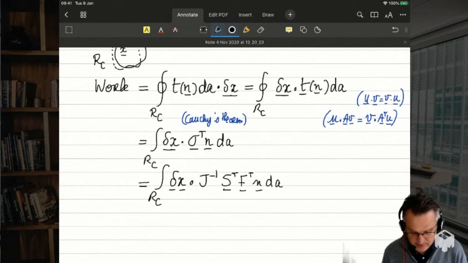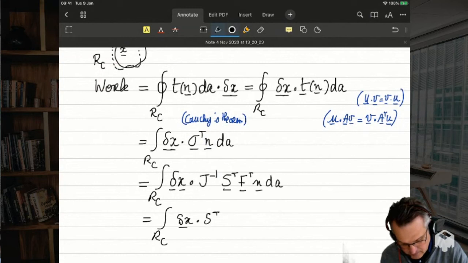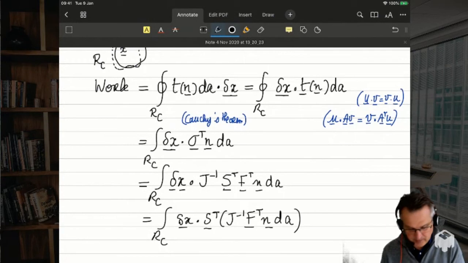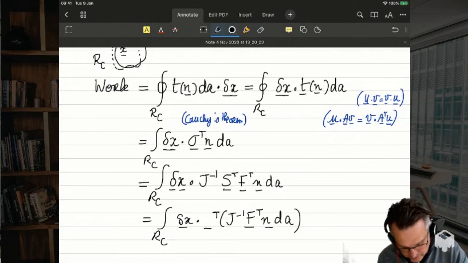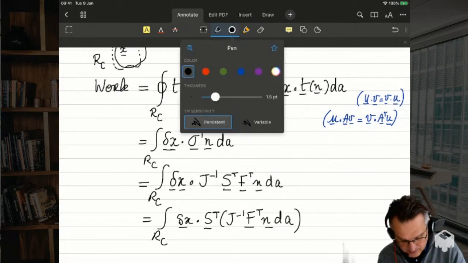And now I realize that I have made Nanson's formula appear just now. J minus 1 F^T and dA, that's Nanson's formula.